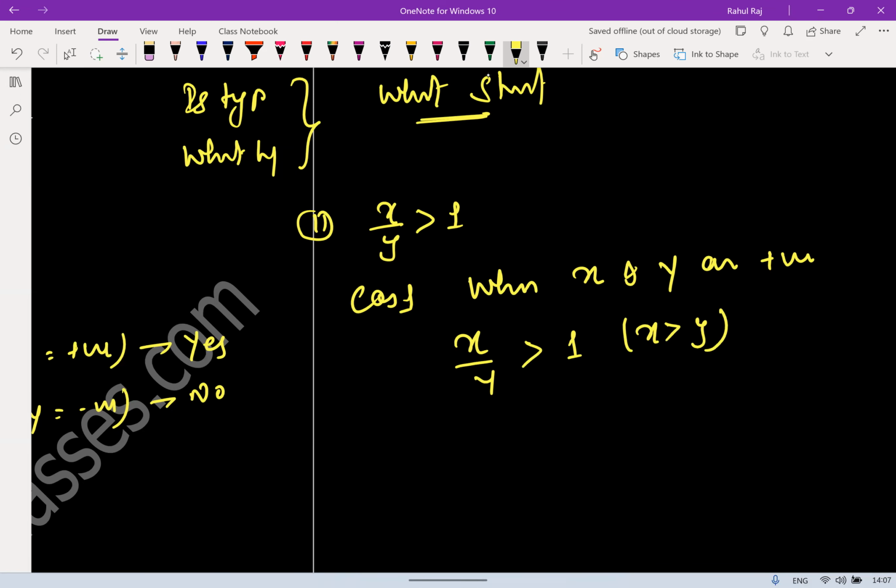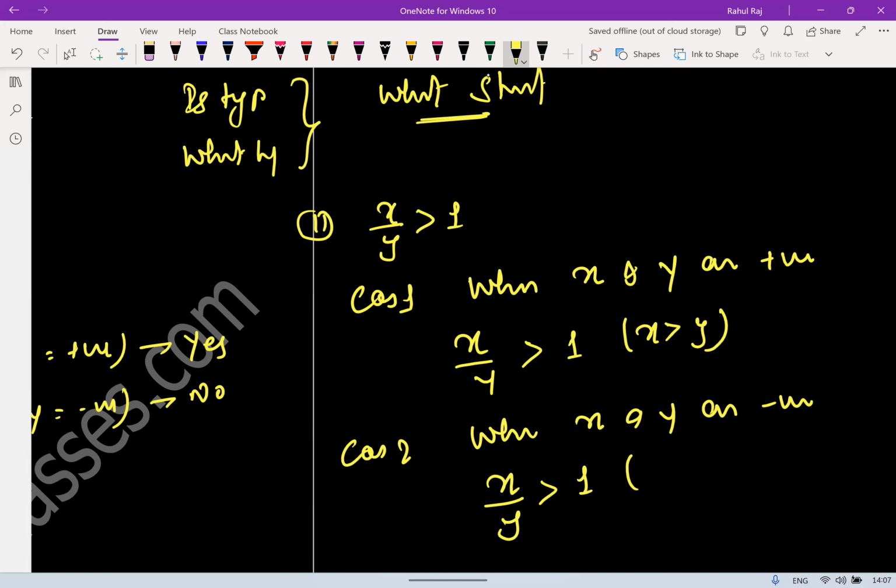Right? Case 2, when x and y are negative, then for a fraction x over y to be greater than 1, can I say x should be less than y? Yes or no? Right?